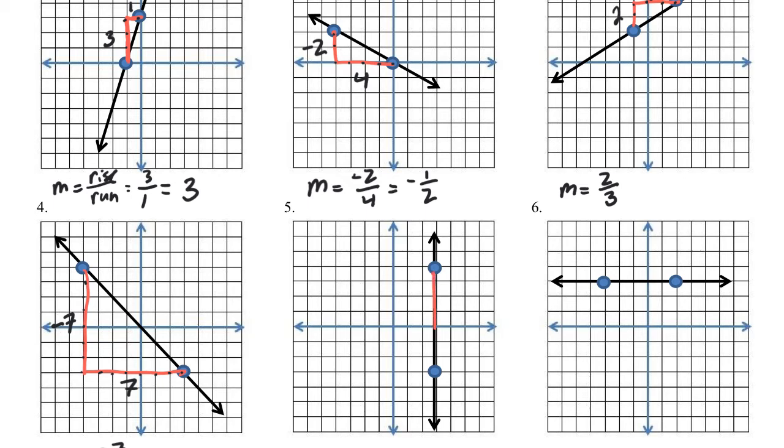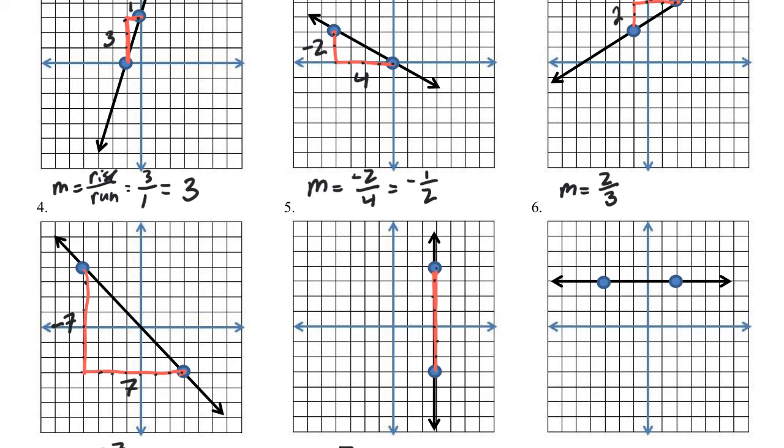If I connect these points, they connect with just one vertical line between them. So let's keep with the pattern and look at our slope. Our rise is 1, 2, 3, 4, 5, 6, 7, 7, over our run. Well, we didn't go left or right at all to get from one point to the other. So we had no run here, only rise.